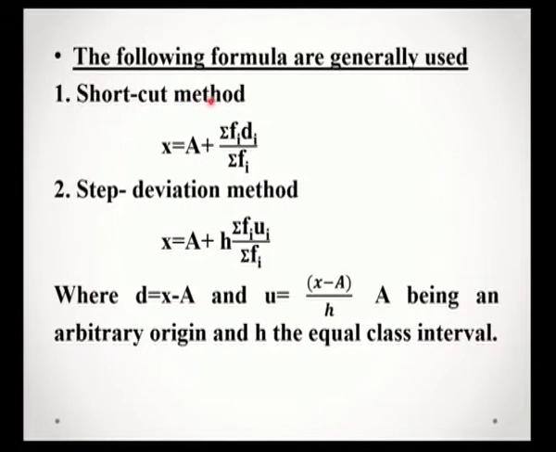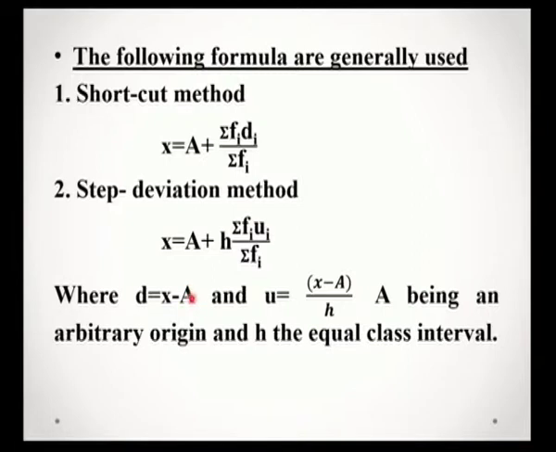In shortcut method, the arithmetic mean is calculated by considering this formula, that is arithmetic mean x bar is equal to a plus sum of fi di over sum of fi, where here d is equal to x minus a, where x is the variate value and a is an arbitrary origin.